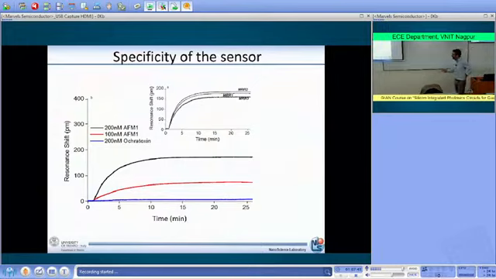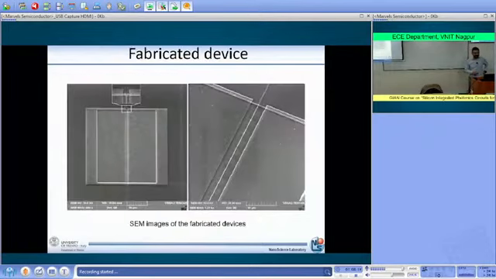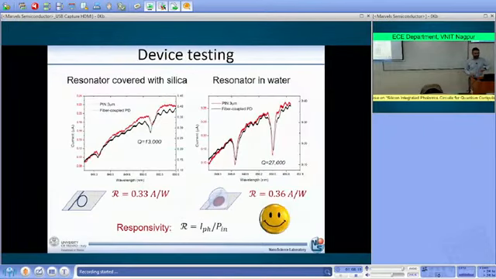And indeed, when you use another kind of toxin, ochratoxin, which is not captured by your functionalization, you see that the resonance shift is essentially negligible. Okay? And so this means that you have a very specific binding of the analyte, the toxin that you want to detect, to the surface of your microring resonator. And so this is one example of the application of the microring resonator.